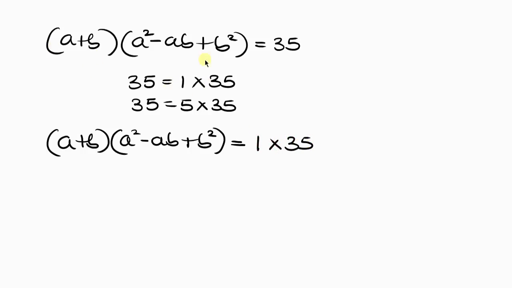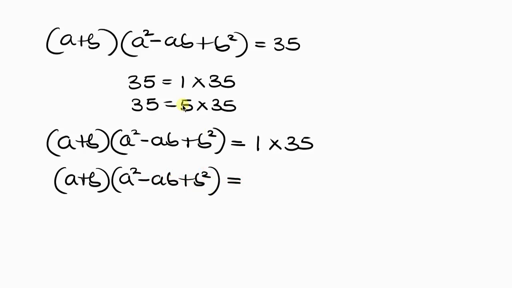And then let's rewrite this again. A plus b times a squared minus ab plus b squared will be equal to the second factor we wrote, which is 5 times 7. So focusing on the first factor, we can say this is case 1, and then call this other factor case 2.